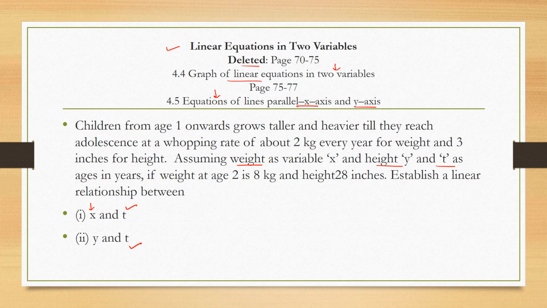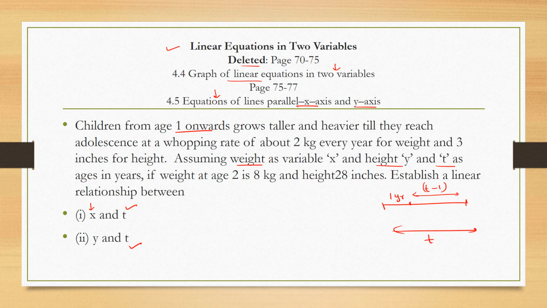Okay, so the question is saying 1 year onwards, the child is growing, right? Height wise as well as weight wise. So after 1 year, let's say if t is the total age in years, how much is left? t minus 1, right?